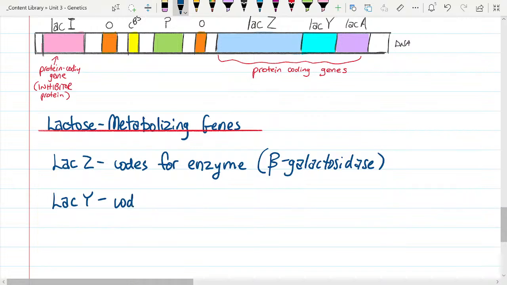LAC-Y codes for a transport protein that will move more lactose into the cell.